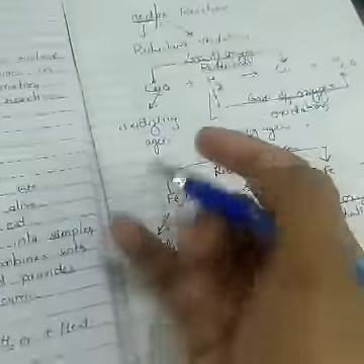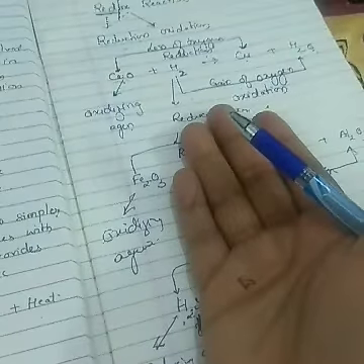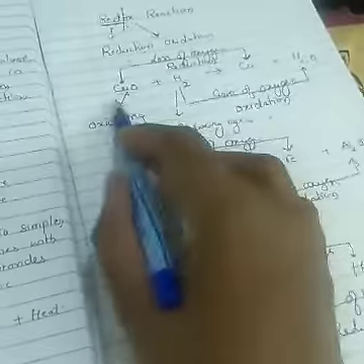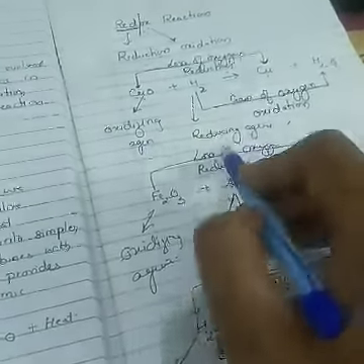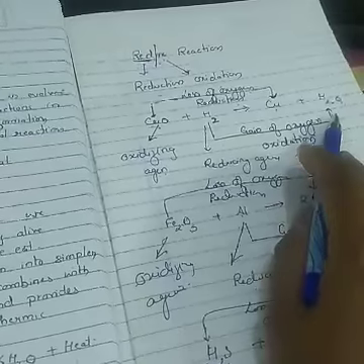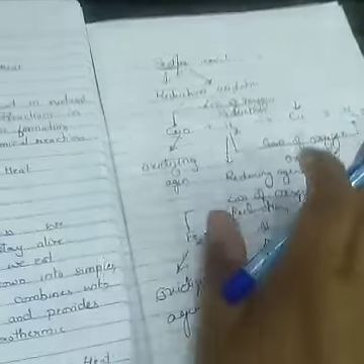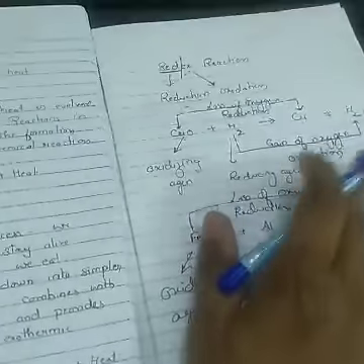You can get a question to identify the oxidation and reduction, or the oxidizing or reducing agent, in a given reaction. Clear? This is the redox reaction. We have given many examples. You can try.